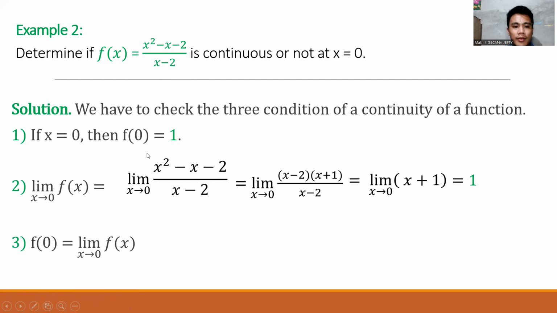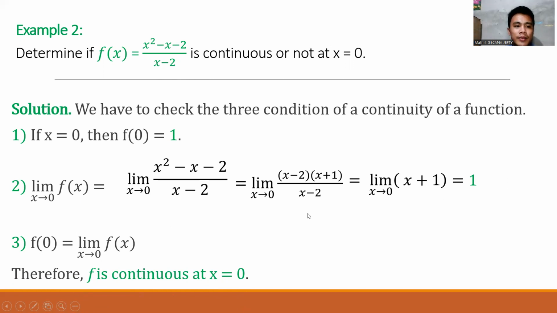Our f of 0 is equal to the limit of f of x as x approaches 0, and it is equal to 1. Therefore, our three conditions are satisfied at x equals 0, so we can conclude that f is continuous at x equals 0.